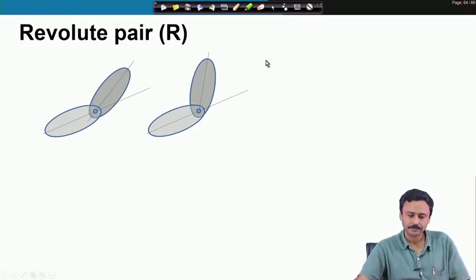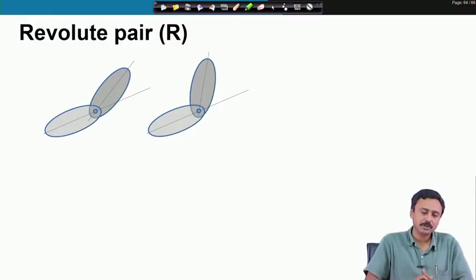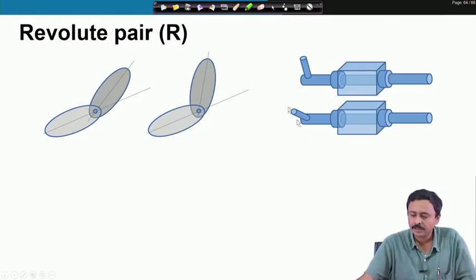Now, I am going to show you various kinds of typical kinematic pairs that are found in mechanisms. Revolute pair, this is the simplest kinematic pair, the hinge, what we typically call a hinge. This is a 3-dimensional visualization of a hinge.